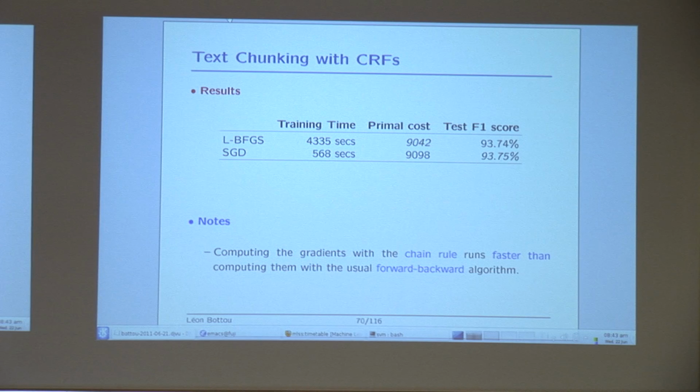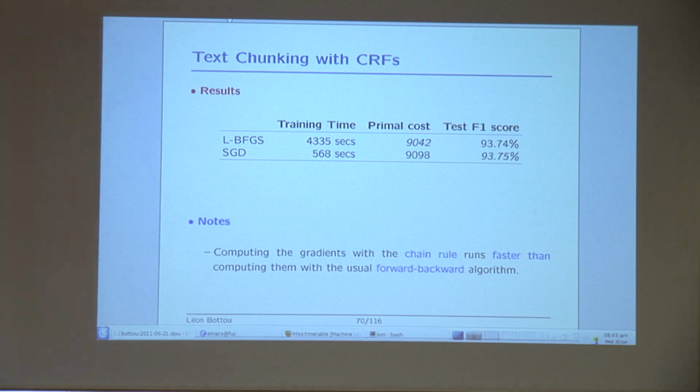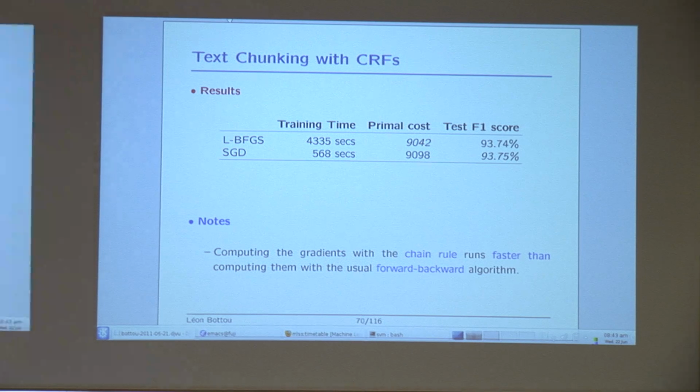So there are a number of tricks. Some of them are quite amusing. Traditionally, when you do a CRF, it's connected to the hidden Markov literature. And the way you compute the updates is using the forward-backward algorithm.